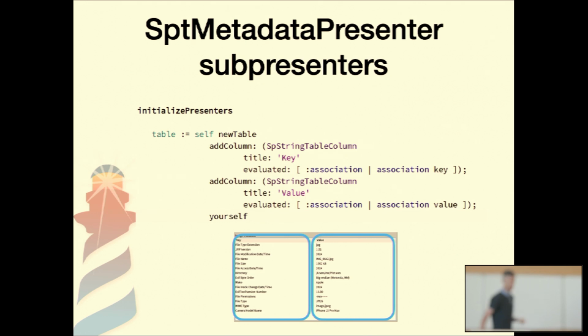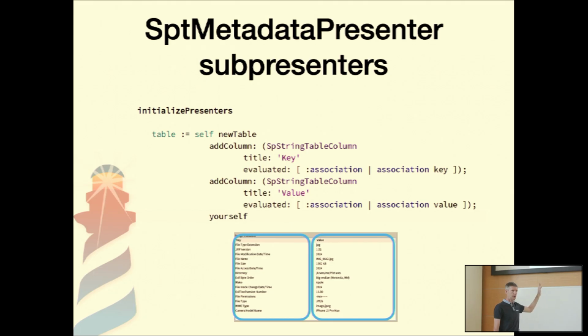So let's show a bit more. Now, how do I initialize this presenter? I will first instantiate a new table. It's just a shortcut that will instantiate a SpTablePresenter. I am saying that I have two different columns. The first one will be a string table column with a title, key, and it will be evaluated with a block.